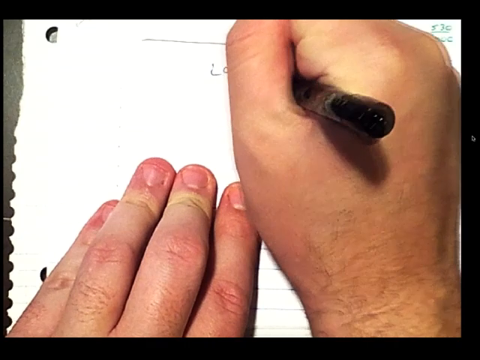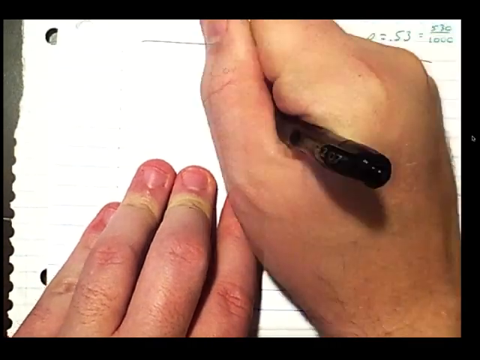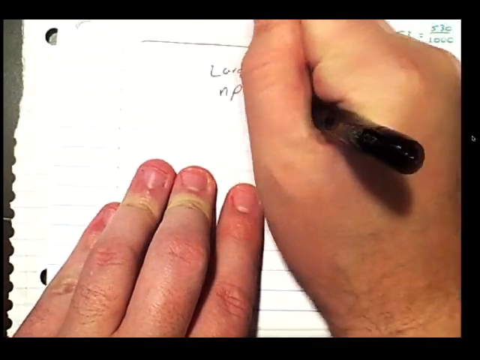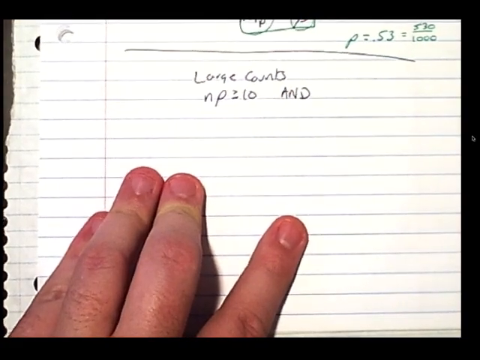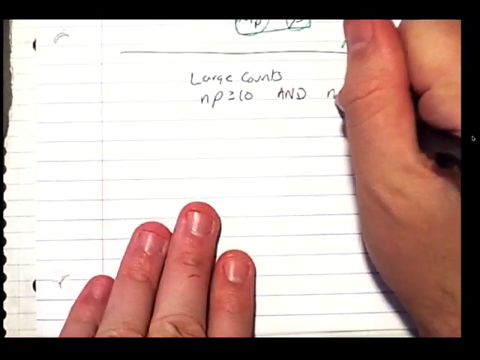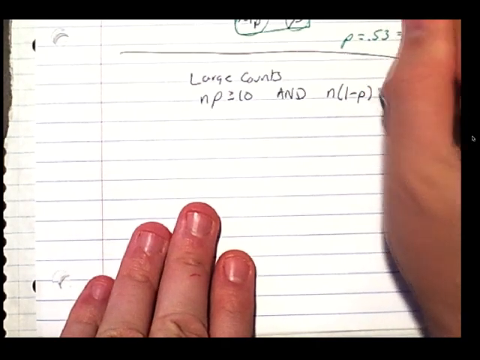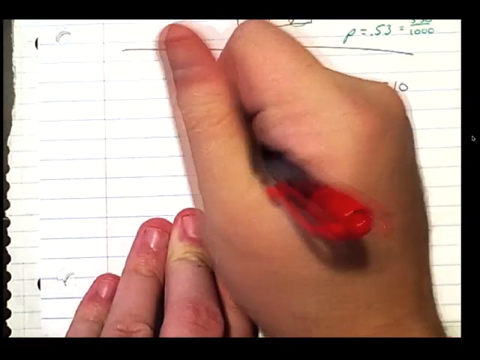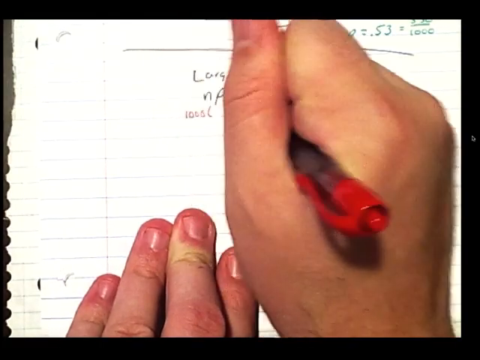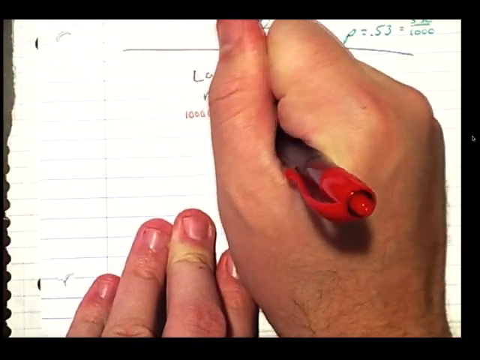To do the large counts condition, we need to make sure n times rho is greater than or equal to 10, and the word and is important, and n times 1 minus rho is greater than or equal to 10. Well, our n is 1,000, and our rho is 0.75.